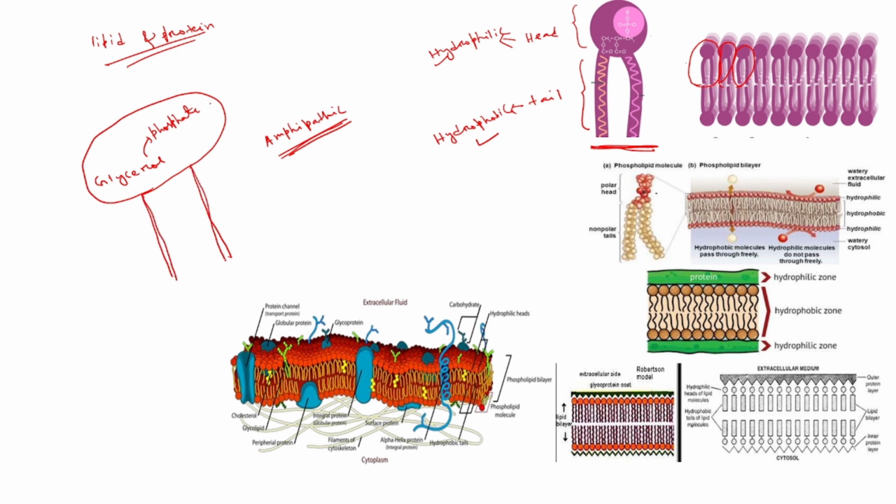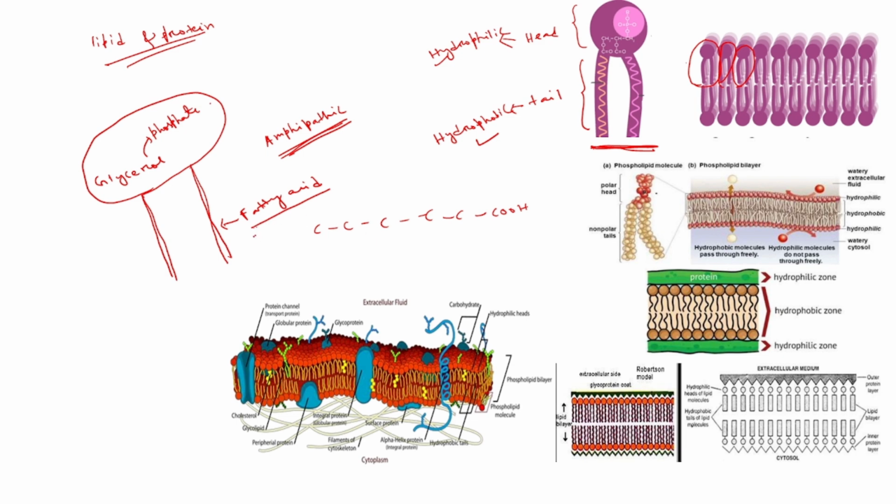So what is this tail part? These are called fatty acids. So what is a fatty acid? A fatty acid is simply a chain of hydrocarbons, and at the last part a COOH group is attached. So this is called a fatty acid.